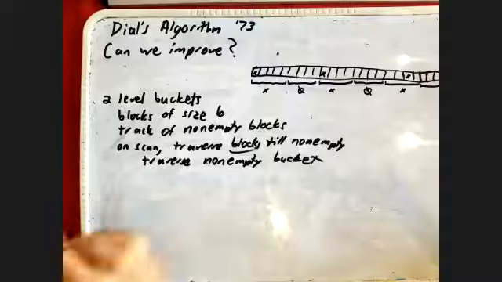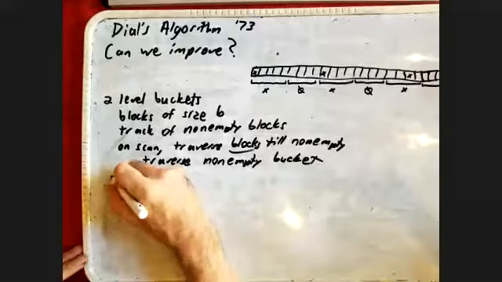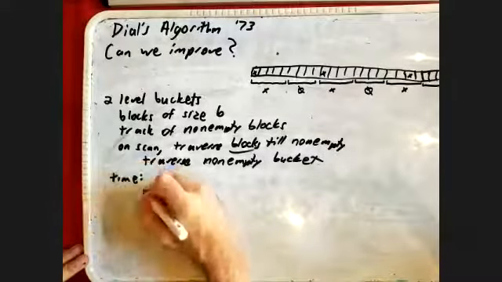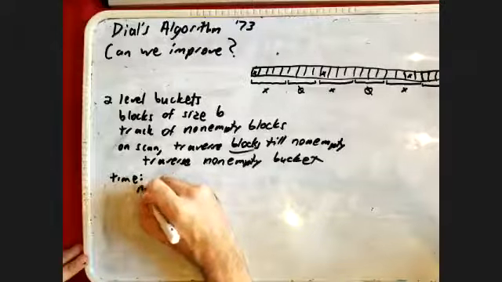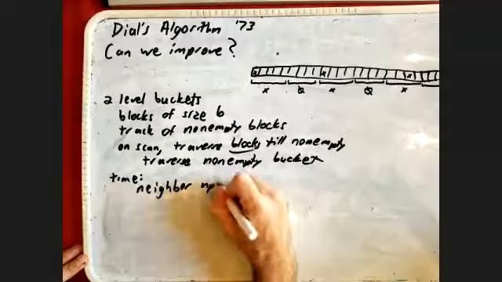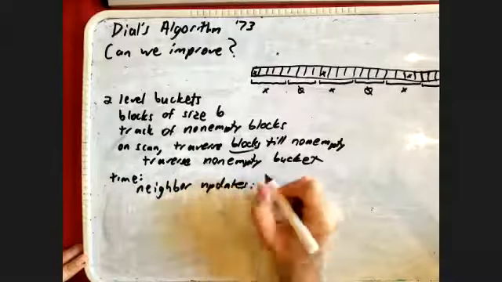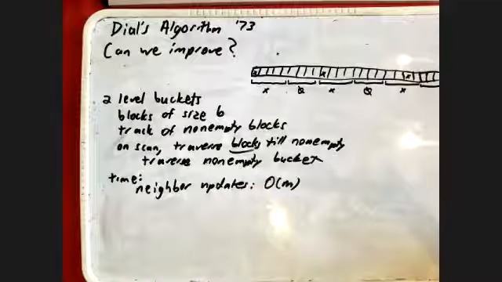What can we now say about the runtime of our shortest path algorithm if we're going to be using these blocks to skip over empty regions? So we still have neighbor updates, which cost us order M, right?